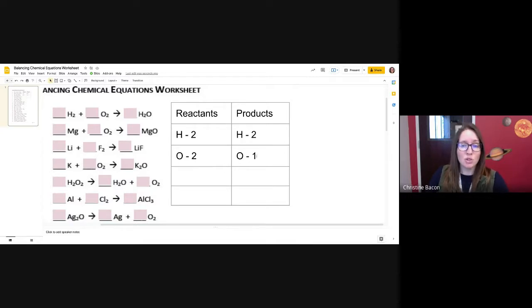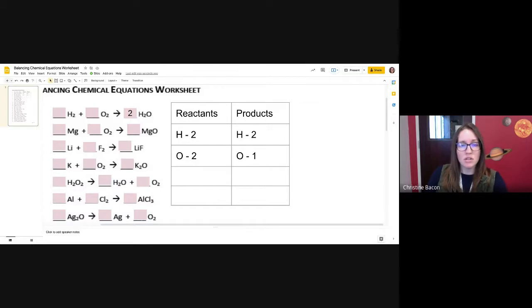Right now I am short an oxygen. Because I know this has to stay diatomic oxygen, I can't just take an oxygen away. So I need to make sure that I have 2 oxygen as products as well. I'm going to add a 2 here. When I add a 2 as a coefficient, it multiplies the coefficient times the subscript of anything existing in that molecule.